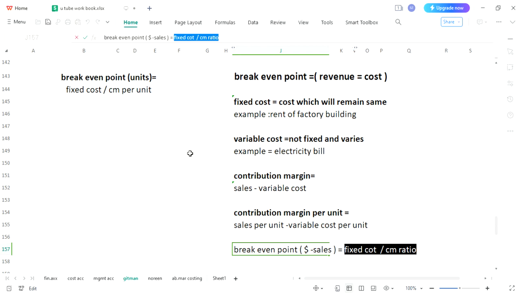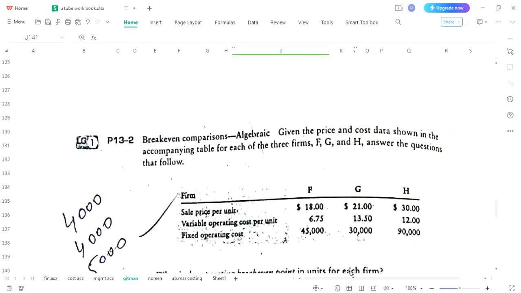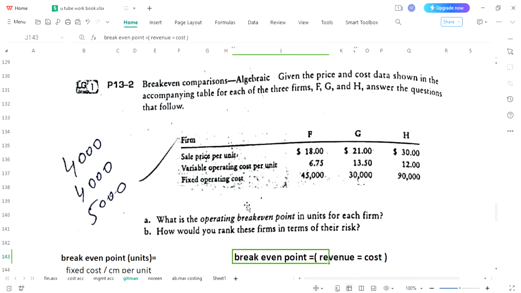So this is your formula. Read out over here, break even in terms of unit and break even in terms of sales. I should write a hyphen and go back to the question. What is our requirement? It is operating break even point in terms of unit.